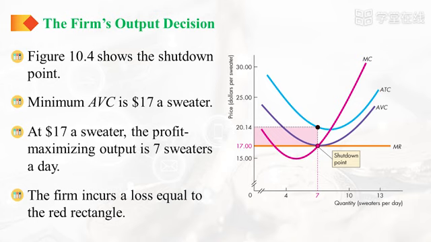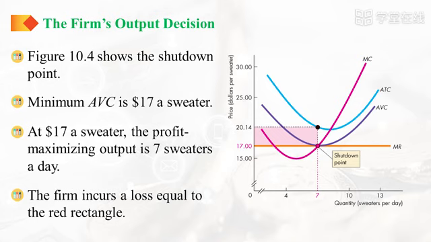At $17 a sweater, the profit-maximizing output is 7 sweaters a day, which is the point illustrated as the shutdown point in the diagram. If the marginal revenue or the market price equals $17, which means MR is the horizontal line at $17, then the economic profit equals 0.